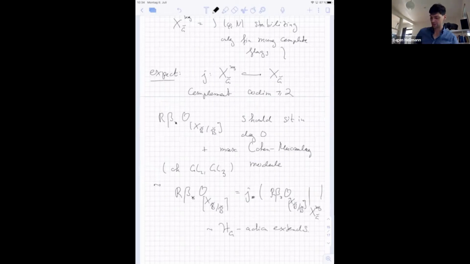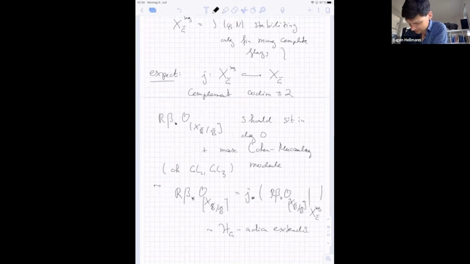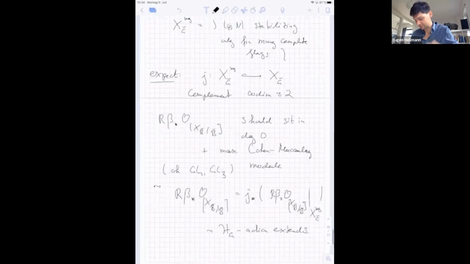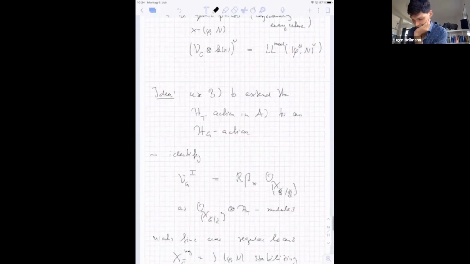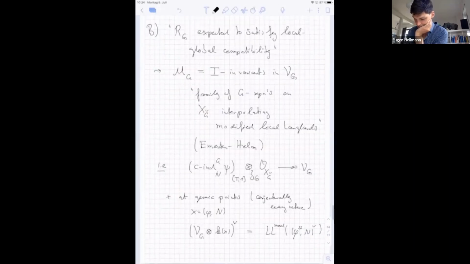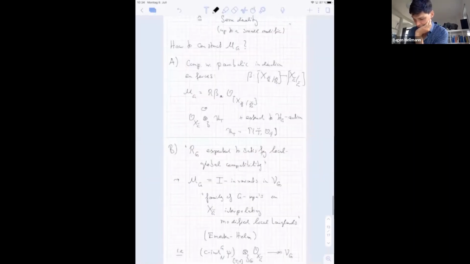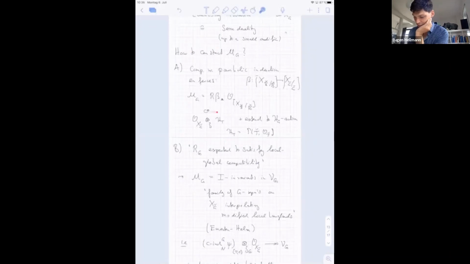Okay, so this is in some sense how you technically start building this, and this is how you use these two candidates that you have, the one coming from parabolic induction and the other one in some sense from local-global compatibility, or from this Emerton-Helm family, in order to construct the candidate for this functor. Okay, and I guess I should stop here.